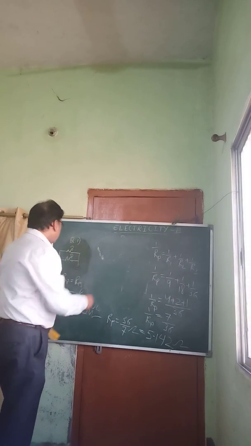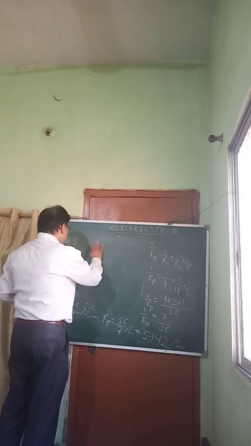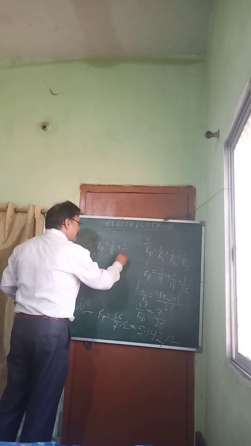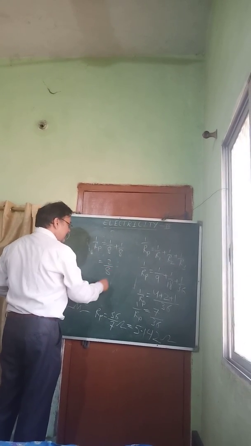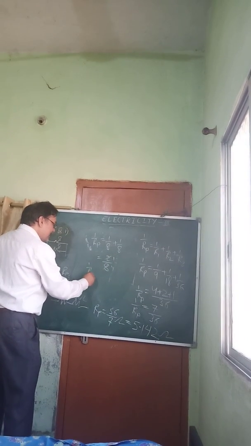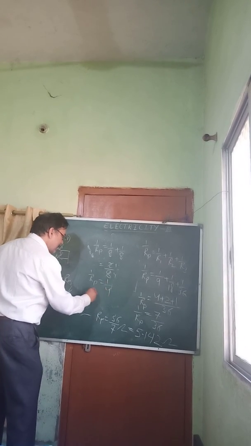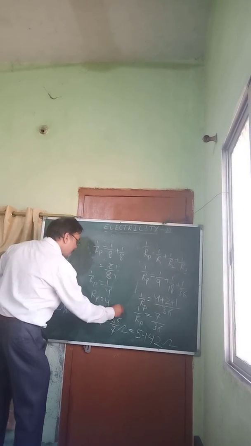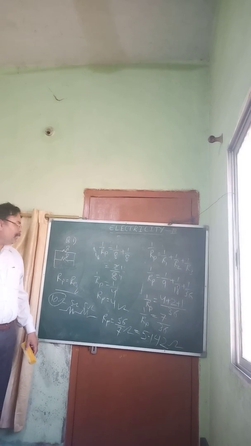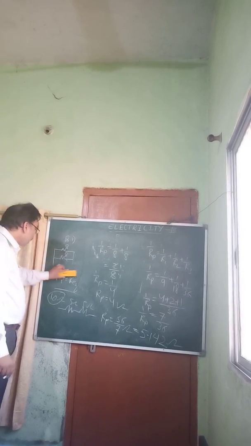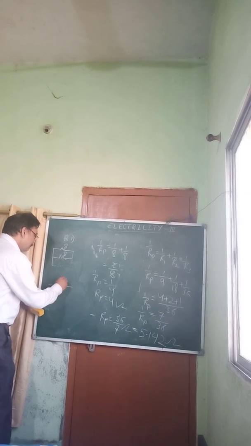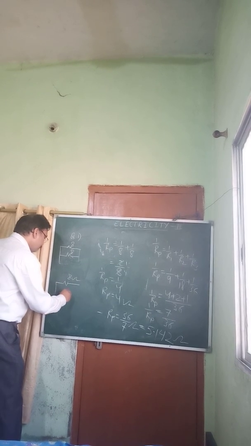Suppose you are connecting two 8 ohm resistors. So 1 by Rp will be how much? 1 by 8 plus 1 by 8. What you will get? 2 by 8, and that is 1 by 4. So 1 by Rp is 1 by 4. But Rp is how much? It is 4 ohm. It has become half. So if you take one more combination like this, 8 ohm and again 8 ohm.